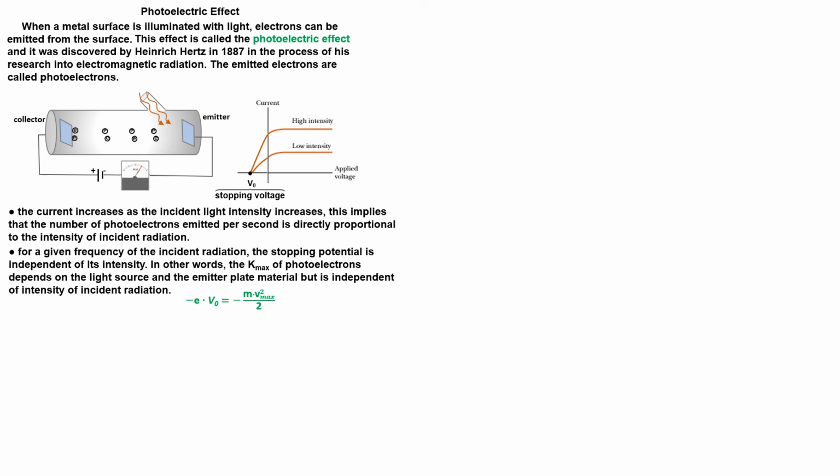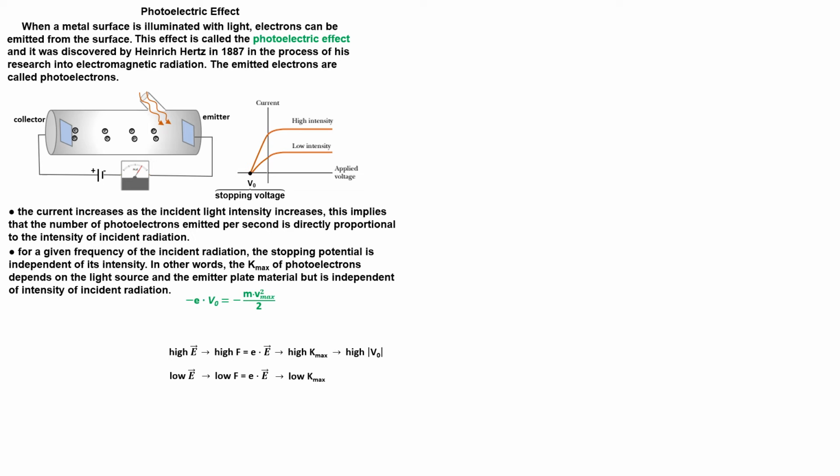This result cannot be explained with classical physics because, according to classical physics, increasing the intensity of the light source increases the electric field of the wave, which also increases the force on the electron and its kinetic energy when it eventually leaves the surface.